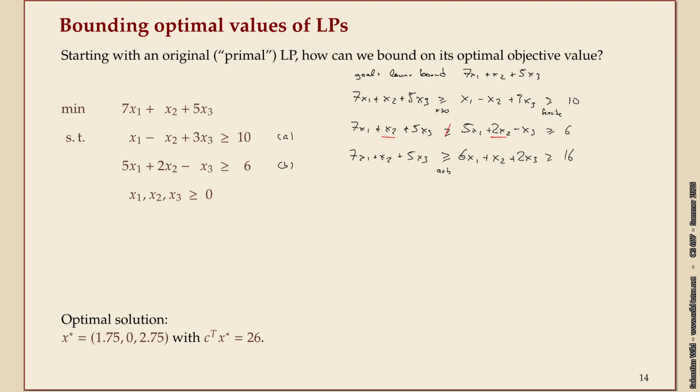In general, I can multiply these entire constraints with some arbitrary numbers. I cannot just take the sum, I can take any linear combination. So I can multiply the left and right-hand side with some value.